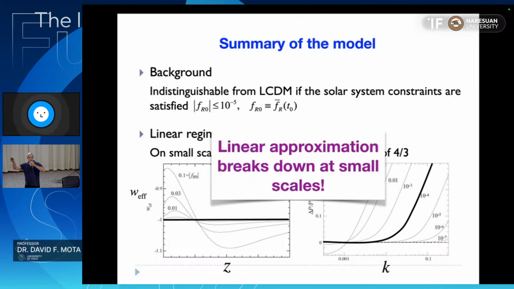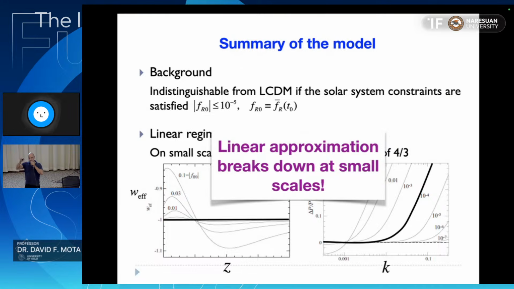So linear perturbations break down at galaxy cluster scales, because the matter density is much, much larger. So these equations are not valid for non-linear structure formation.